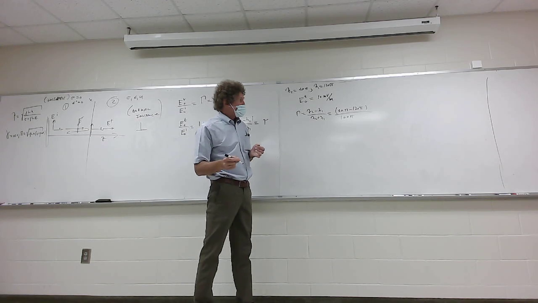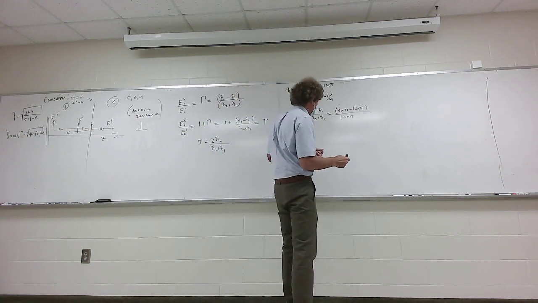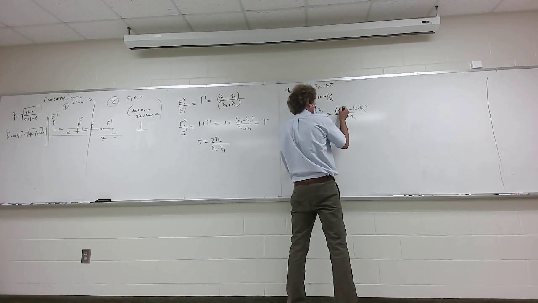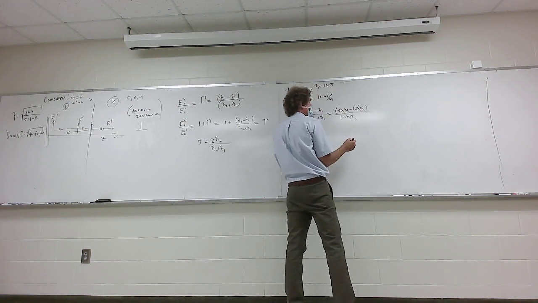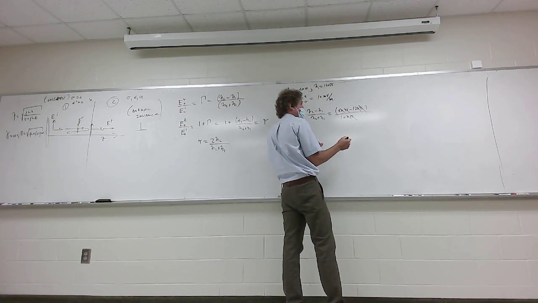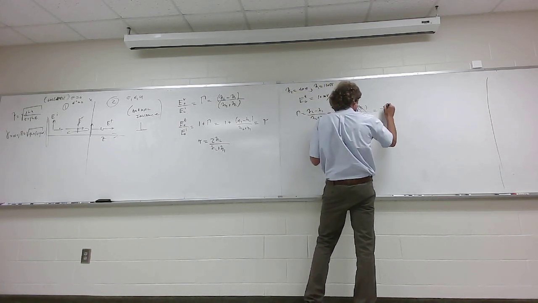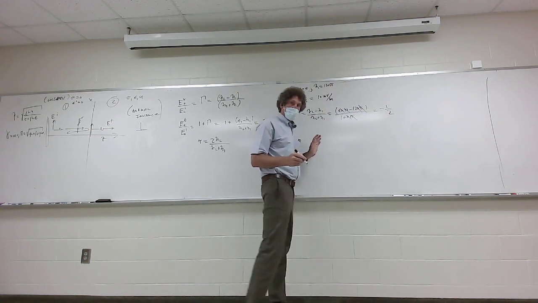You probably are ahead of me on this one. The pi's cancel, then one of those zeros cancels. Then I have 4 minus 12 is minus 8 over 16, right? And that's going to be what? Minus 1/2.